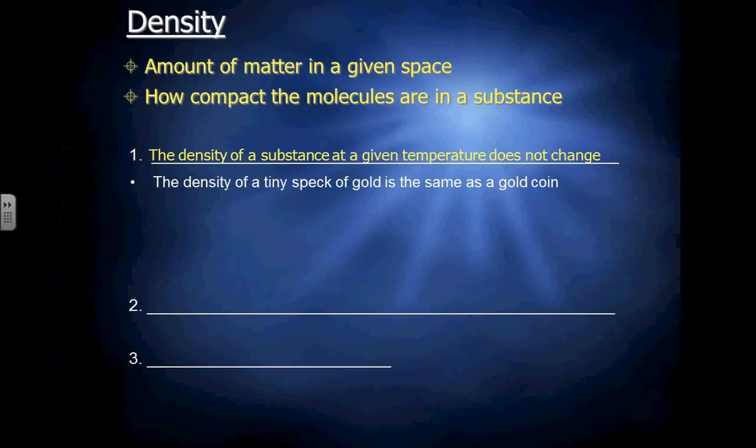You know, this aluminum cylinder's density is 2.7 grams per cubic centimeter. Okay? Well, what if I cut it in half? Shouldn't its density be half? No. Because when I cut this in half, what am I doing to its mass, Nicole? You're just making it smaller and the molecules are still the same. Yeah, I'm not changing how compact the molecules are. If I cut this in half, what is the mass of one piece going to be?